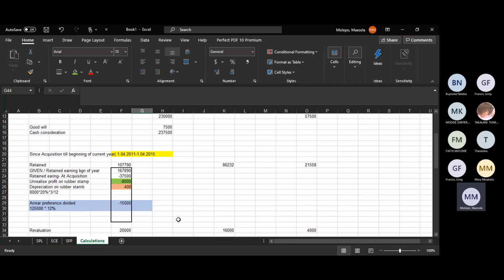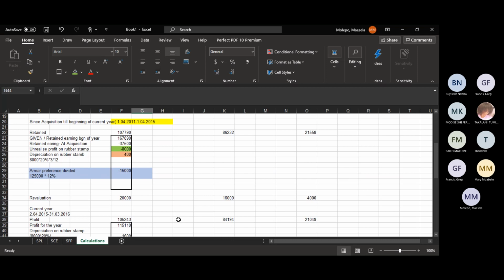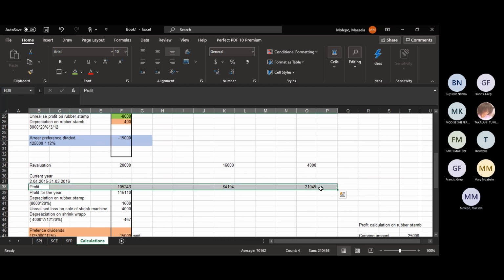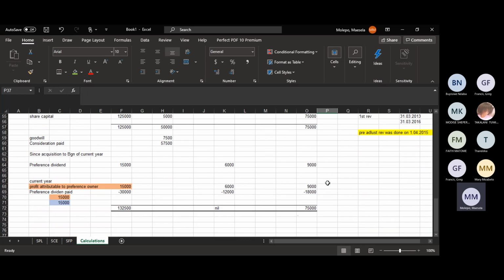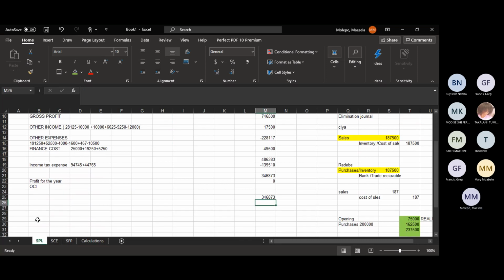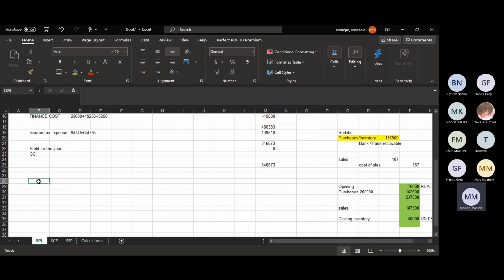You take the 21,049, then you add it with this other one. You add them all together, and that will be the non-controlling interest.